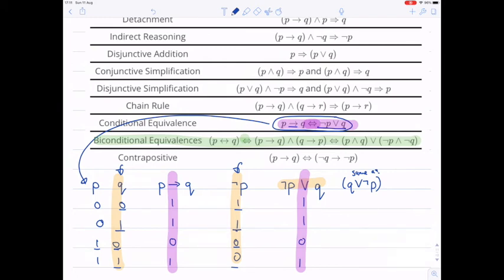Well, what we've got is that P if and only if Q could be rewritten as P implies Q and Q implies P, because that's how we defined it. But then we use our conditional equivalence from up above to take this biconditional equivalence and turn it into something that only involves ands and ors.